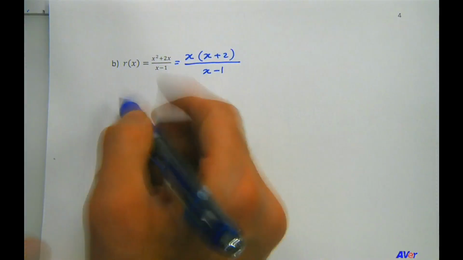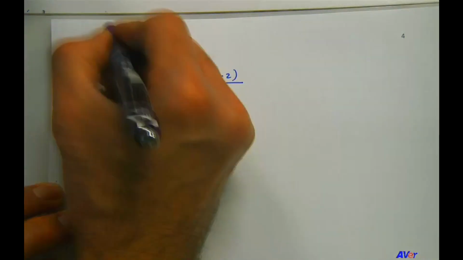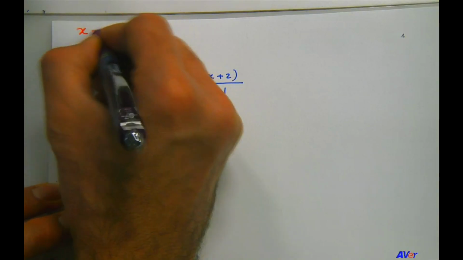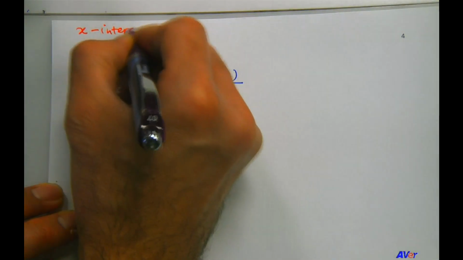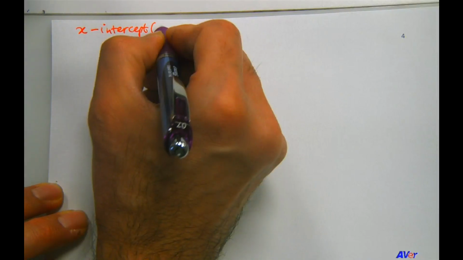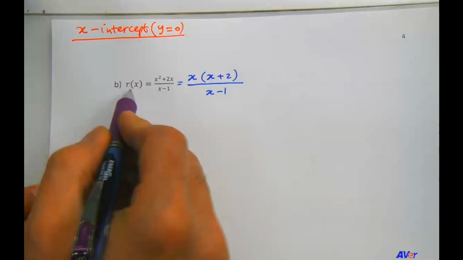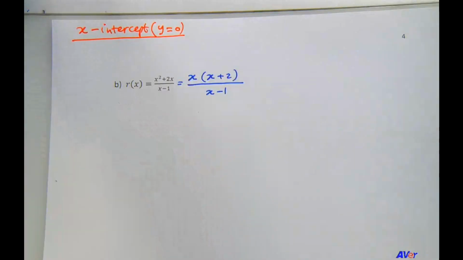Now let's find the x-intercept. I'm going to save some space this time by starting from above here, if you don't mind. So let me start here, x-intercept. That way I'll have more room for the graph. The x-intercept is when y equals 0. So that means r of x equals 0.